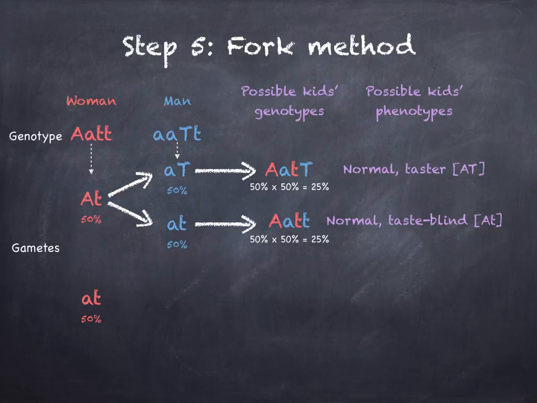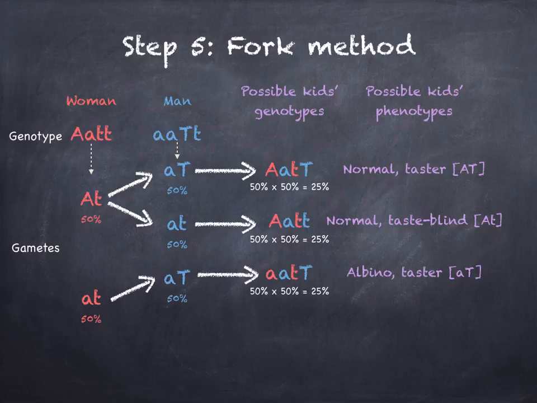Now, the second half of the woman's gametes are small a, small t, and they have again 50% chance to be put with a small a, big T gamete. In this case, the kids will be small a, small t, big T, so albino tasters. This occurs in 25% of the cases.